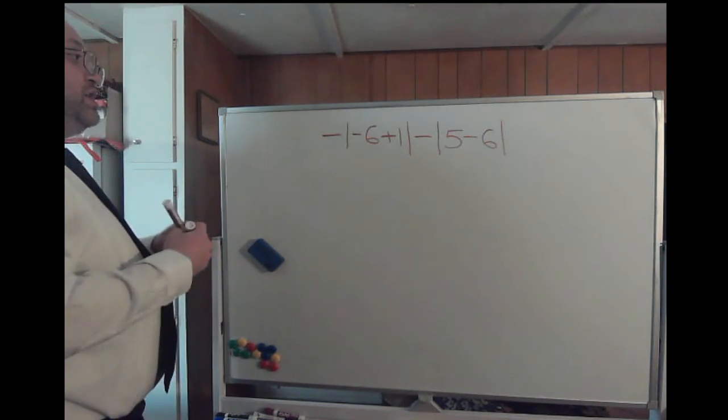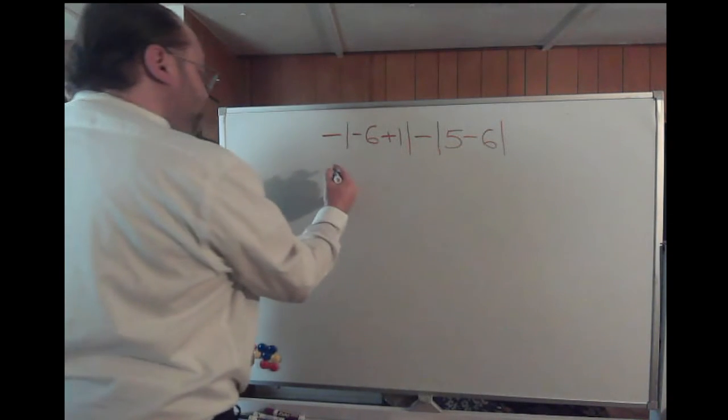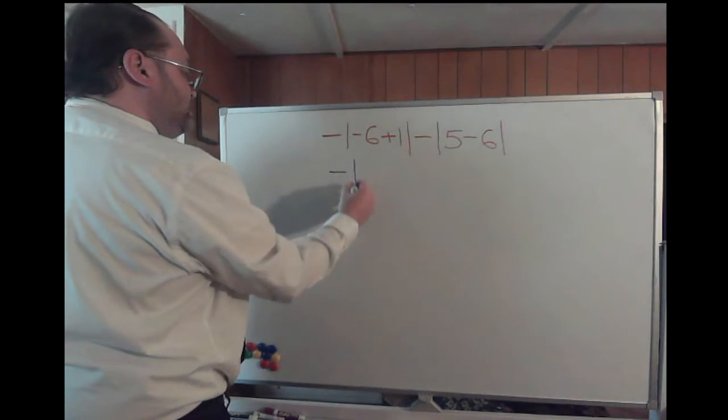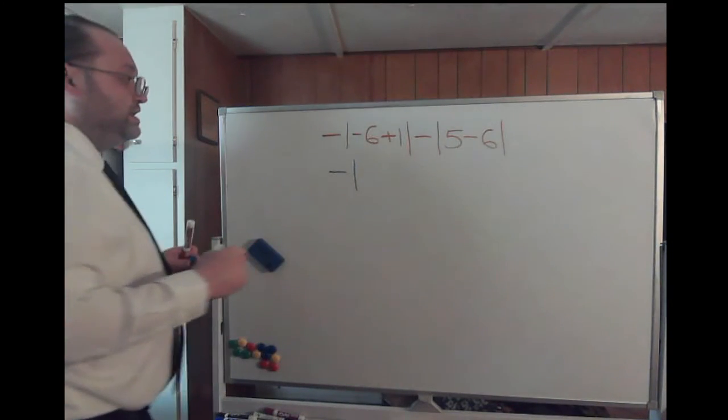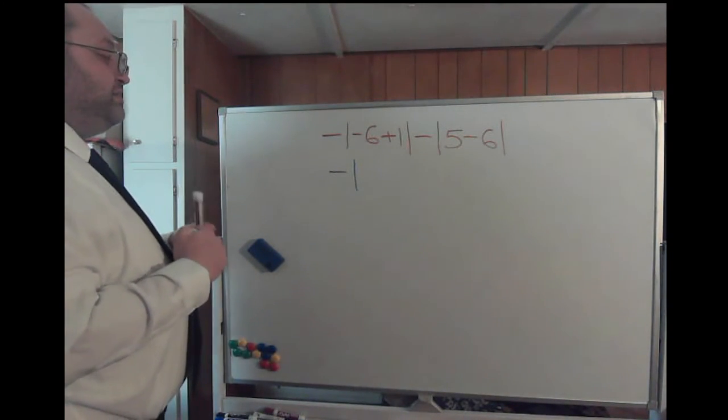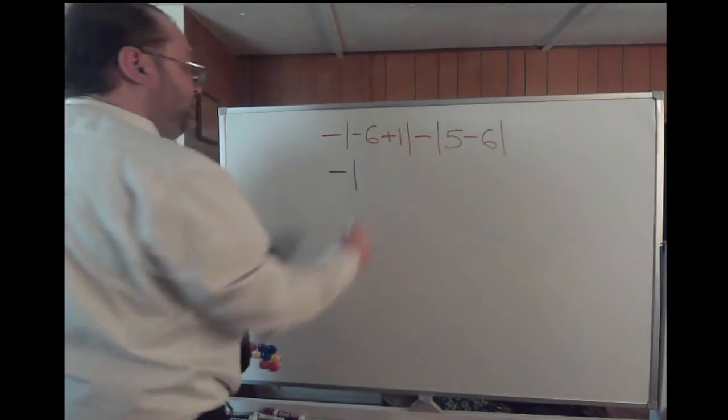So what you'd want to do, leave the negative sign alone for a second, work inside of your absolute value. We have negative 6 plus 1.